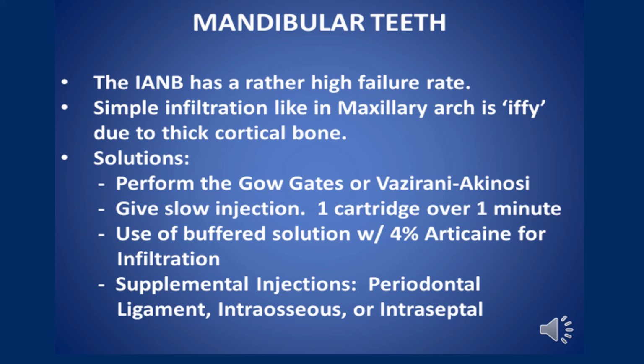But you could also give just a really slow injection, which is one cartridge over 60 seconds or 1 full minute. And you could use a buffered solution with 4% articaine for an infiltration on the mandible. Once again, without the buffered solution, you can use a 4% articaine with epi for an infiltration on all 3 back molars if you want.